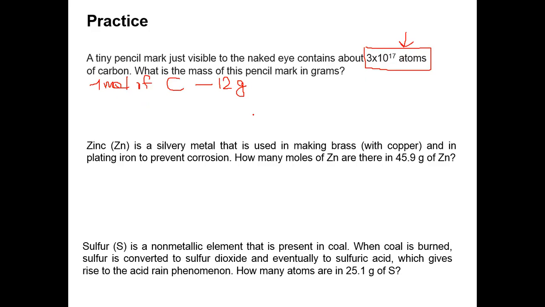At the same time, we know that 6.022 times 10 to the power 23 is also 12 grams, because 1 mole is the same as this amount of elements, or units, let's say. So now we need to find what's going to be the mass of this amount of carbon.